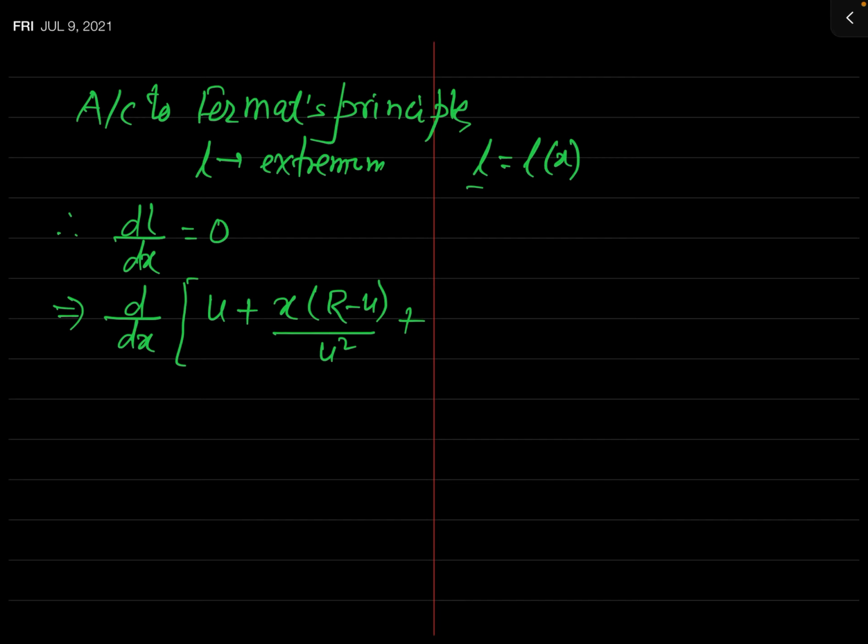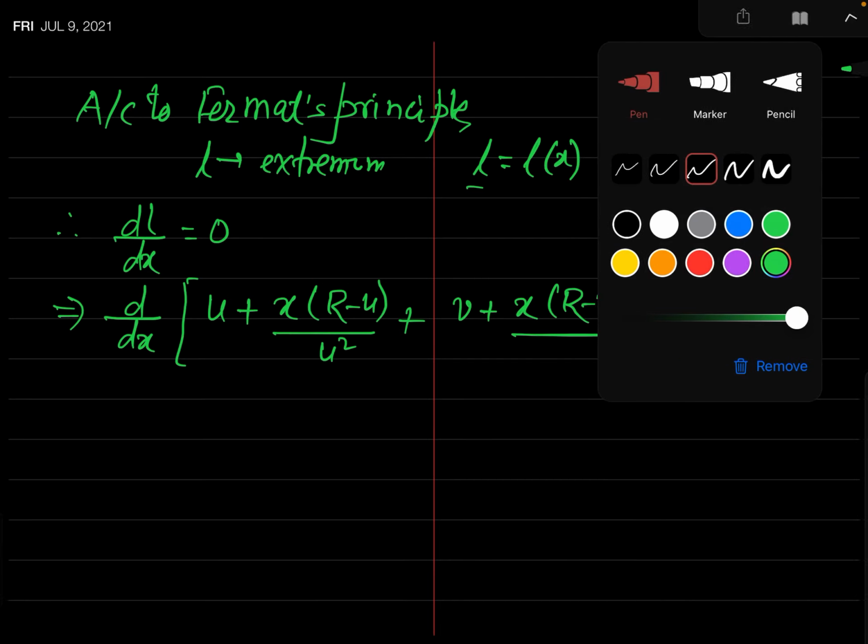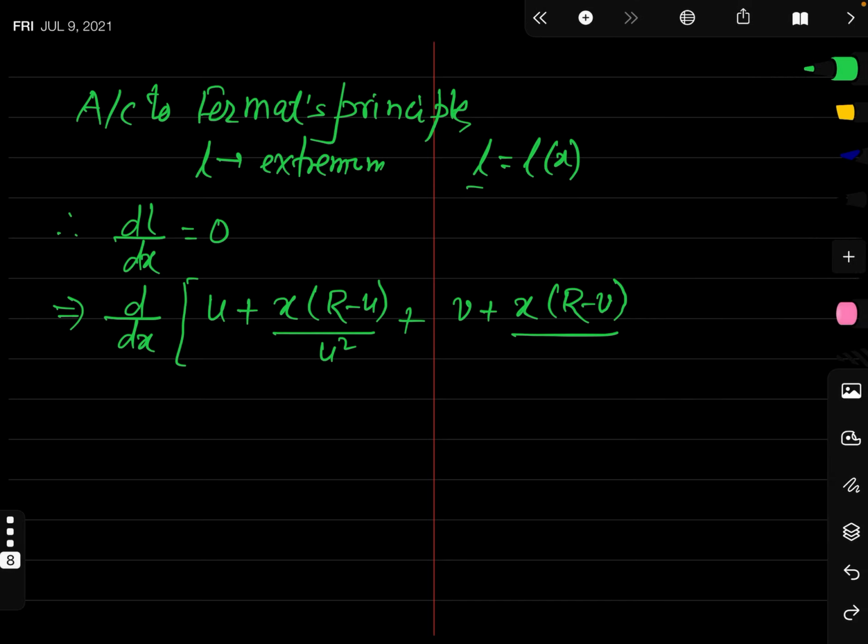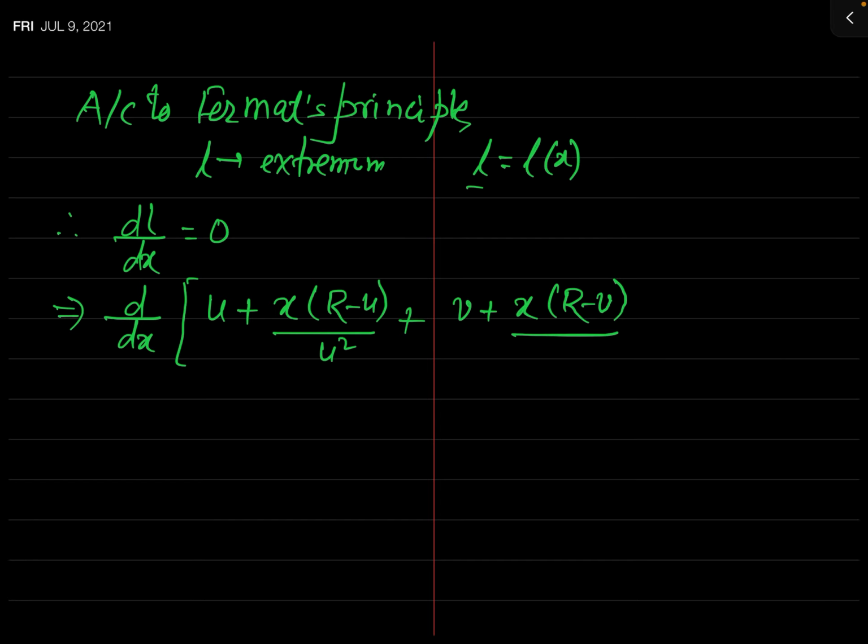So that will be V plus X times R minus V over, sorry, I have told that here should be actually V, sorry, U, but I have written U square. So one U will cancel out, so there will be simply U here, and here there will be V, and this will be equal to 0.